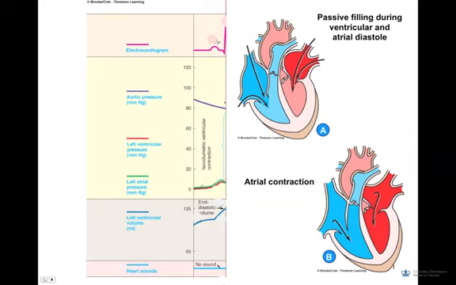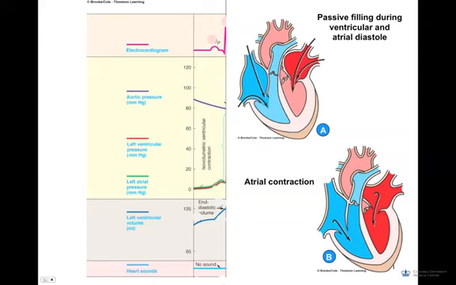So if we look over here at the green line and the red line, we can see that the atria have contracted because the green line, which is atrial pressure, has increased. Right? It has this bump up. Okay?